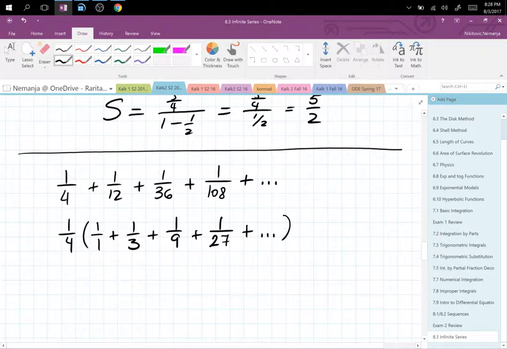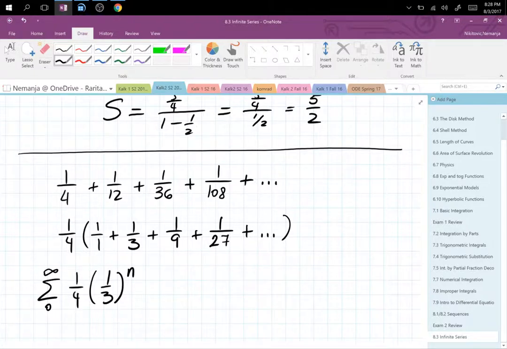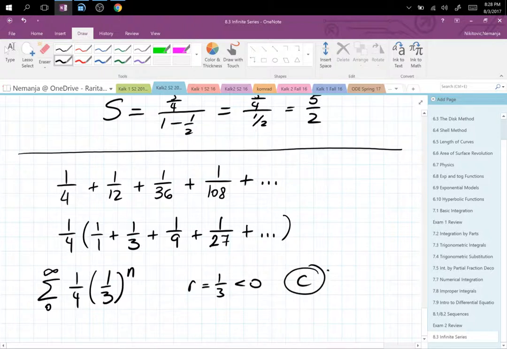Because look, if you have summation 0 to infinity, and you have over here 1/3 to the n, when you have the first term, when n is 0, 1/3 to the 0 is 1. That's the first term. 1/3 to the 1 is 1/3. 1/3 squared is 1/9. 1/3 cubed is 1/27. And there it is. Converges. Yep.